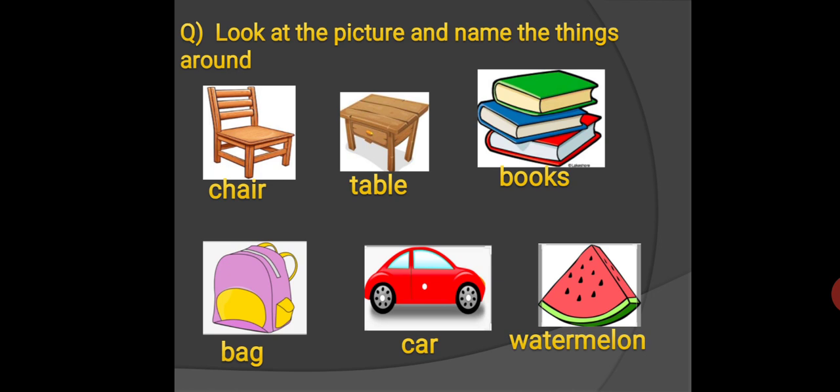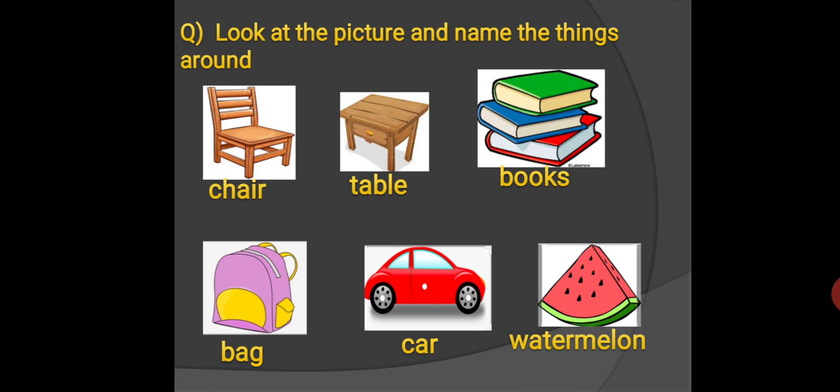So person's name, animal's name, bird's name, place names, and things around you, all these together make a noun. Let's see the assignment now. In this way, today we have finished the lesson, and the name of the lesson was naming words or noun.